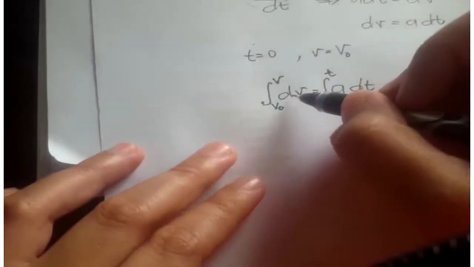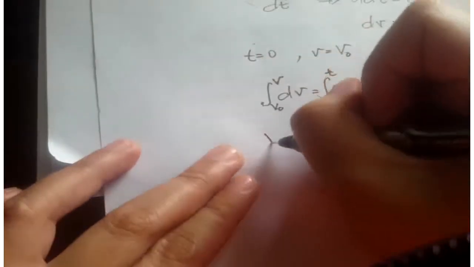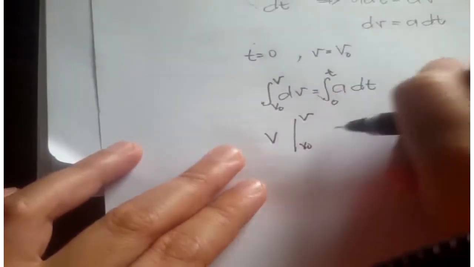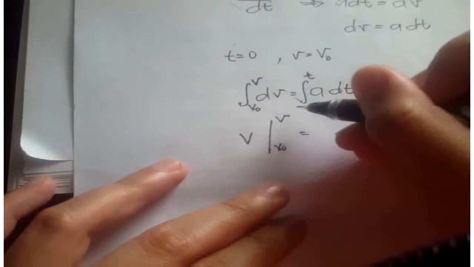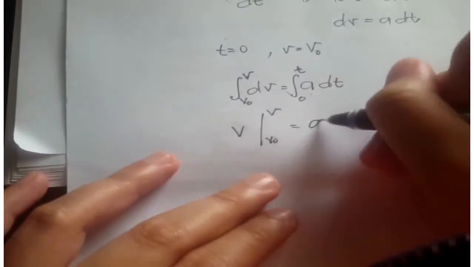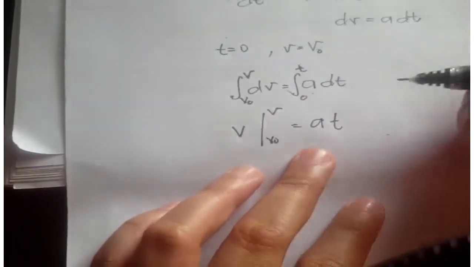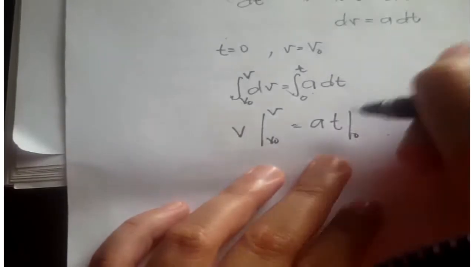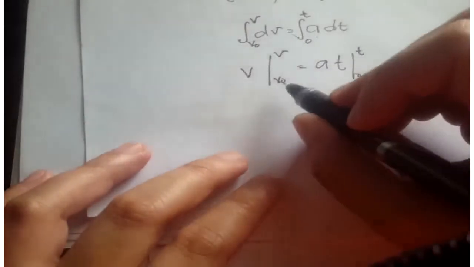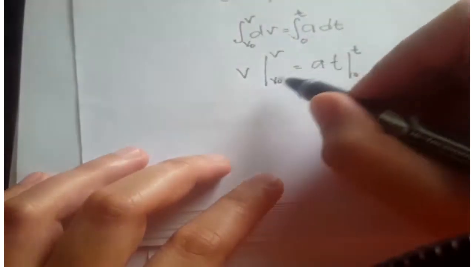So the integral of dv is just v from v sub 0 to v, and then the integral of a dt, wherein our a is constant, so we can copy the constant and then integrate dt, which is equal to t from 0 to t. Then from here we can now substitute the limits.